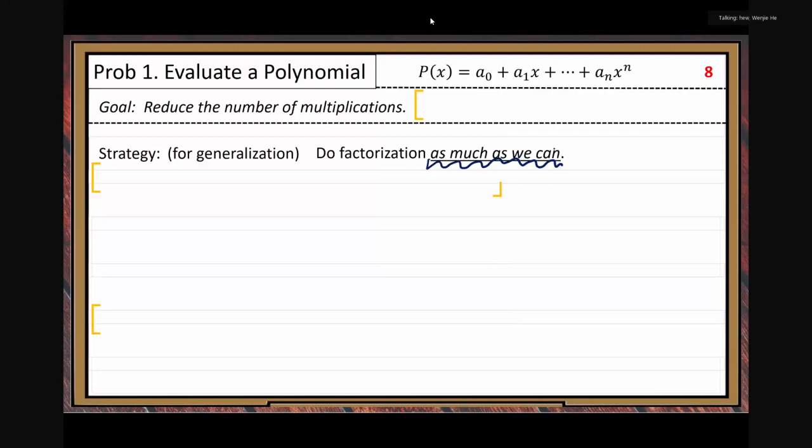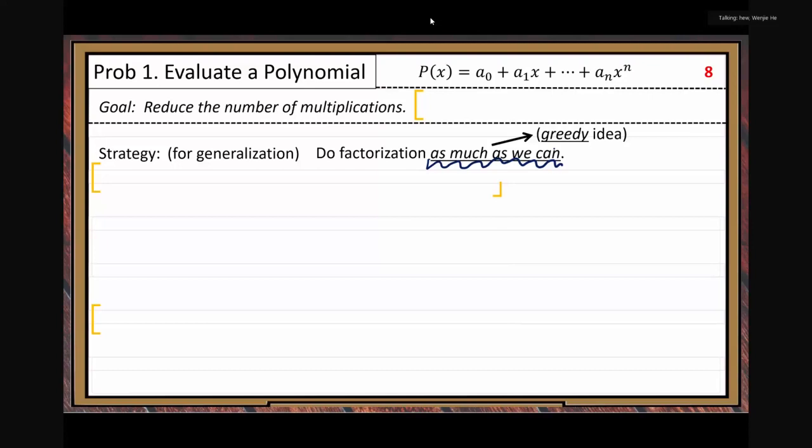Here, let me introduce another well-known strategy in computer algorithms. There is a very important strategy here, so let me introduce that one. It's called a greedy strategy. So why do people call it greedy? Because of this phrase, as much as we can.